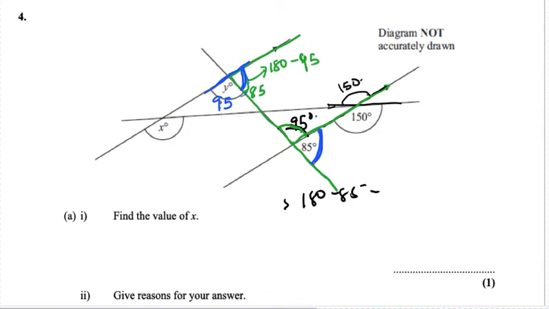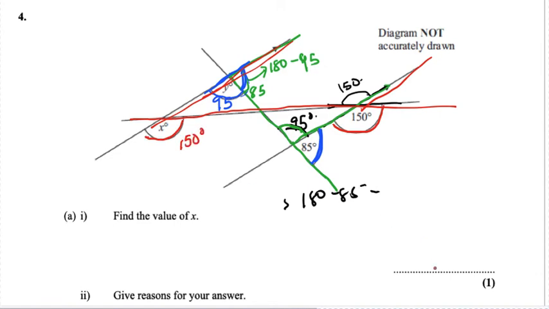Okay, now if this is 95, we can now think of X. X is really interesting. Look at this. This here is a straight line. Okay, and this is parallel to that. That means that this angle here is corresponding to that angle, so X is 150 degrees.